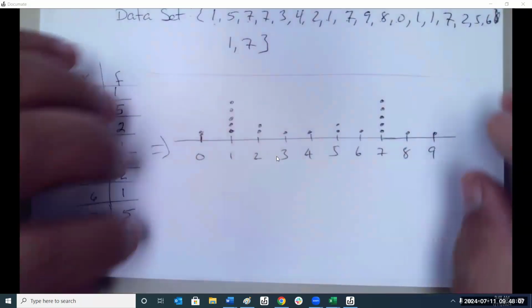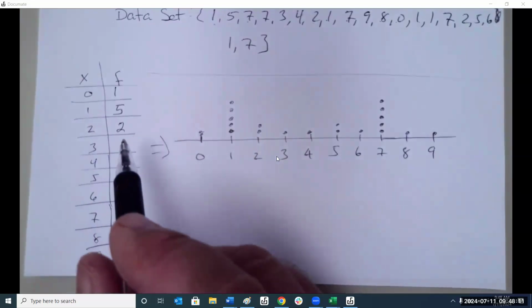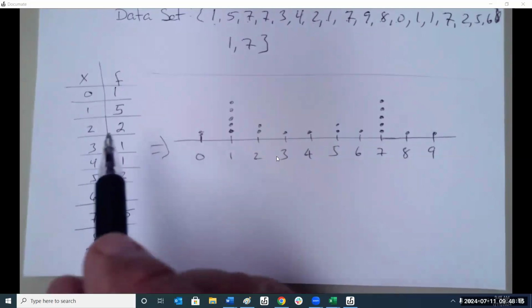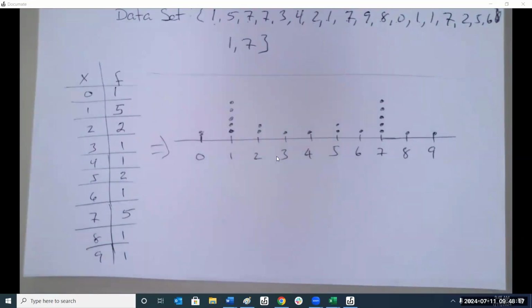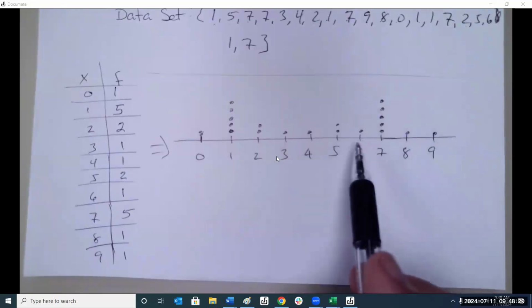Or we just use a dot plot. The difference is, what can we do with a frequency chart? Can we do anything else further beyond that? Well, yeah, remember yesterday we did what after a frequency chart? We found a relative frequency, which is the percentages of each one of those. We can't do that with this.